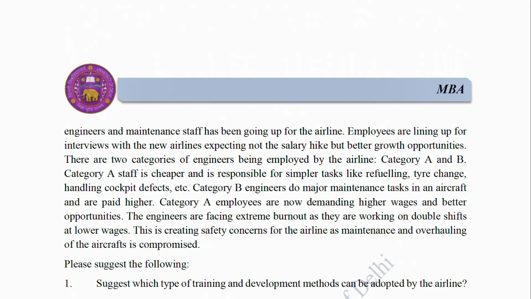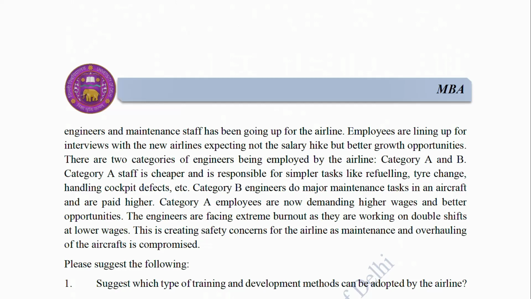There are 2 categories of engineers being employed by the airline, Category A and B. Category A staff is cheaper and is responsible for simpler tasks like refueling, tire change, handling cockpit defects, etc. Category B engineers do major maintenance tasks in an aircraft and are paid higher.